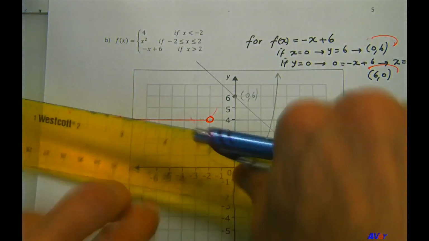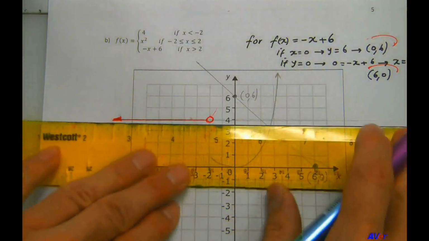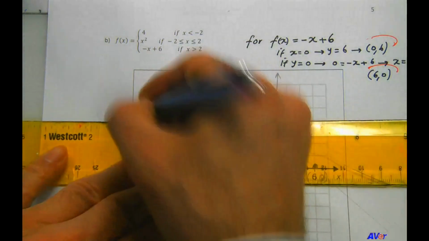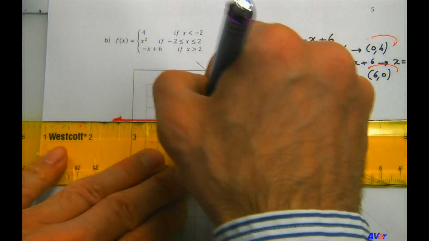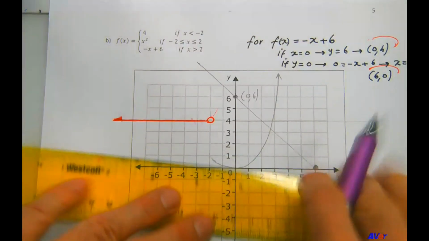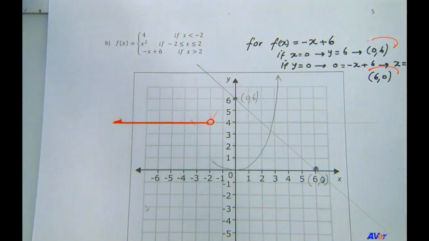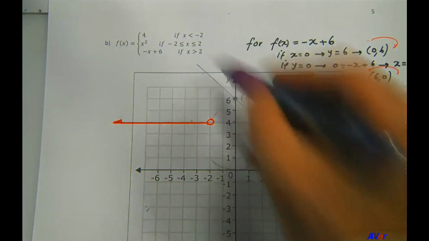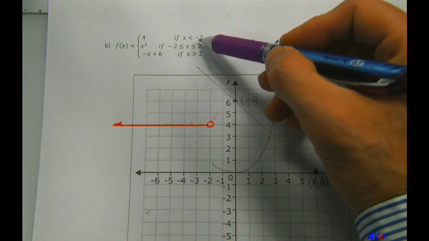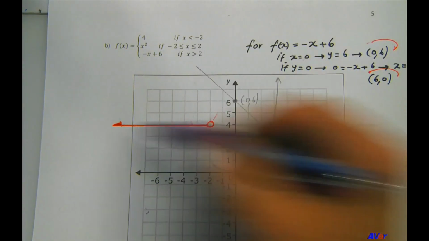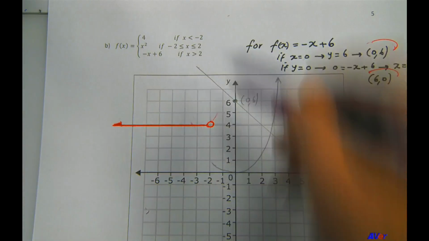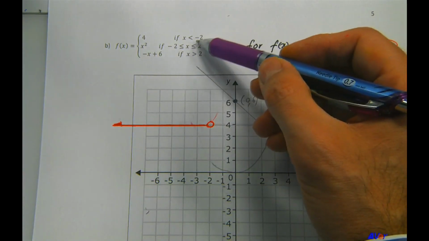So I'll try to make this red line a little bolder, like that, maybe a little darker. Okay, so for x less than negative 2, we have this line. Function value is equal to 4. What happens after negative 2?